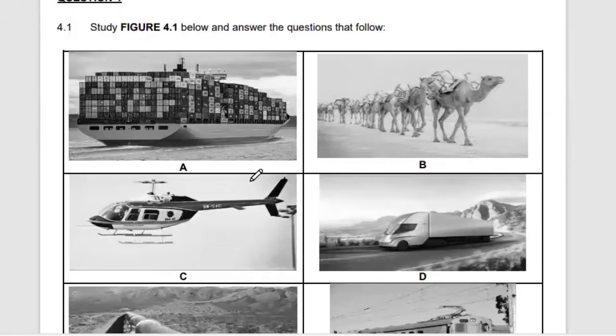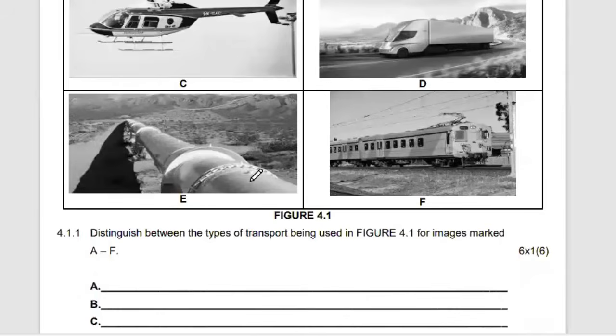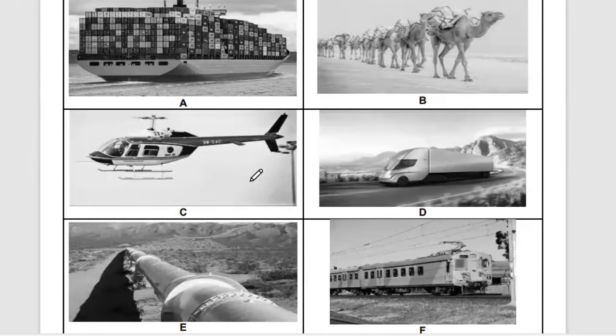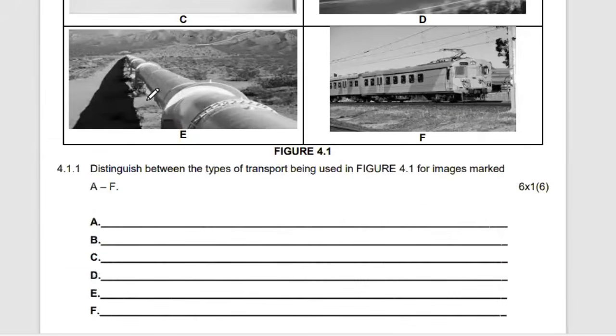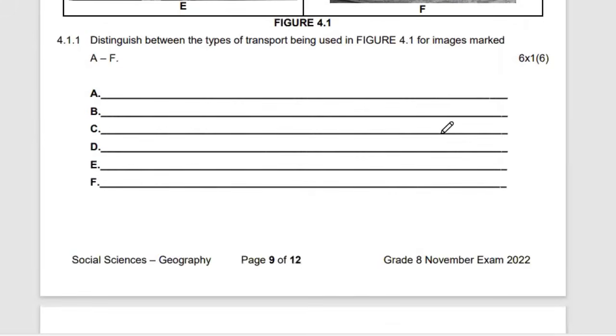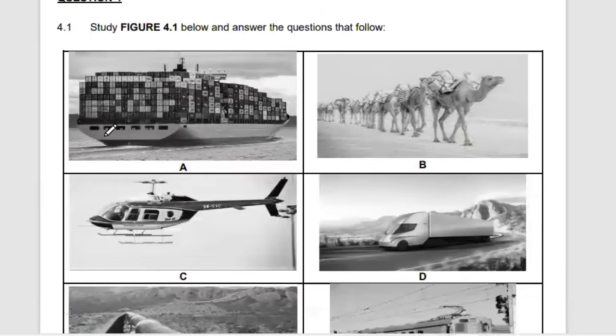Right. Question 4 is giving us an illustration of some different modes of transport. We have A, B, C, D, E, and F. Distinguish between the types of transport being used in Fig 4.1 for the images marked A to F. Right, what kind of transport is this one?